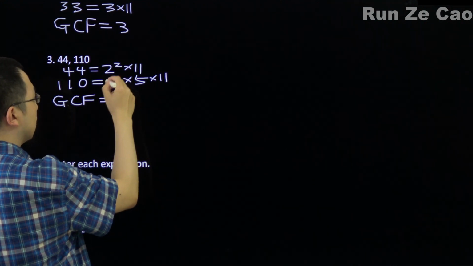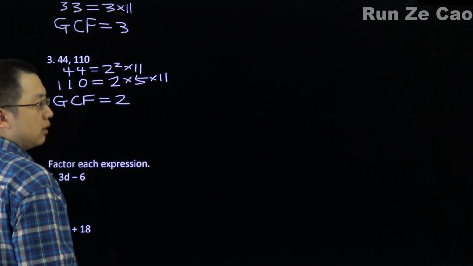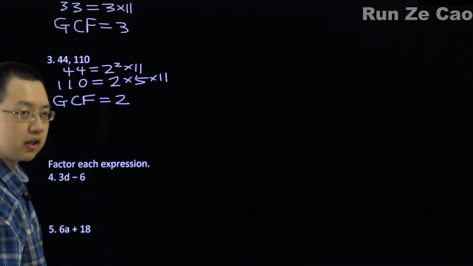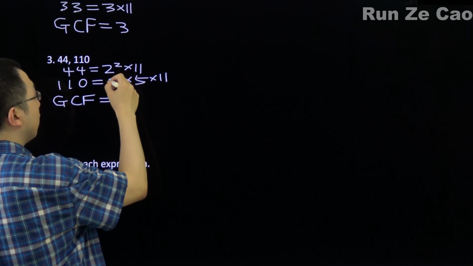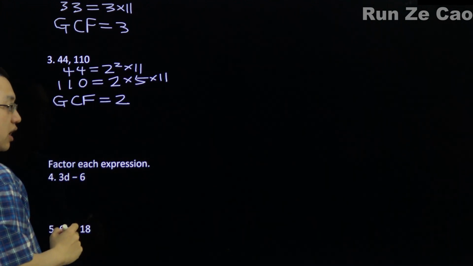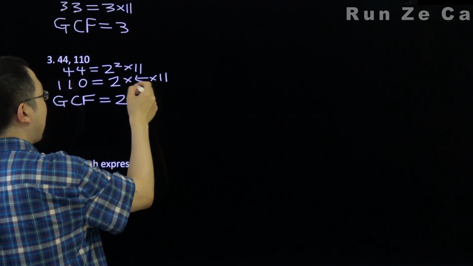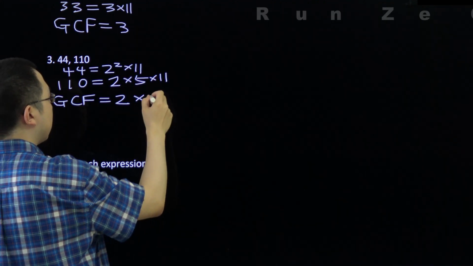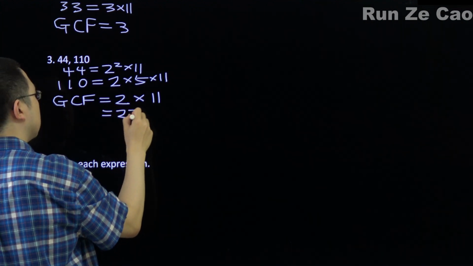Like, you only have 1 2 that's shared. The other one is 2 times 2. But you can't divide 110 by 4 and get away with it. So it's just the lowest exponent of a shared prime factor. And 5 is not shared, so it's not here. And the lowest exponent of 11 and 11 is 11, so the GCF equals 22.